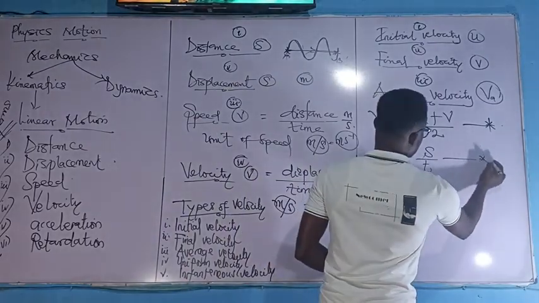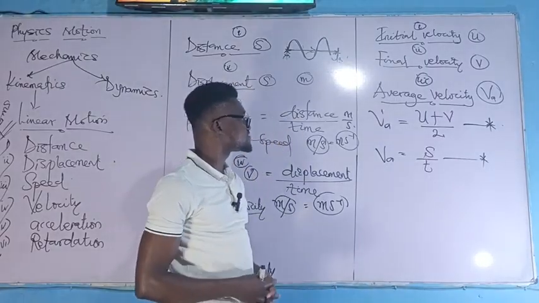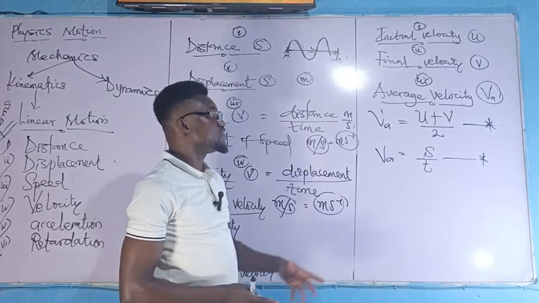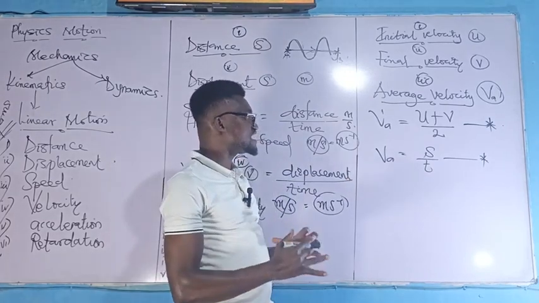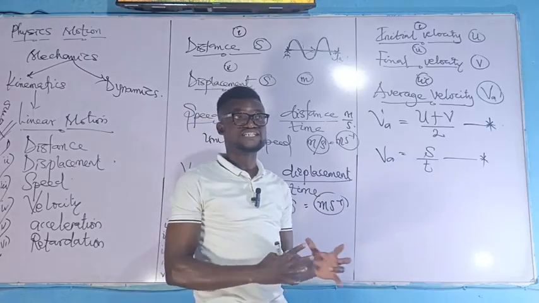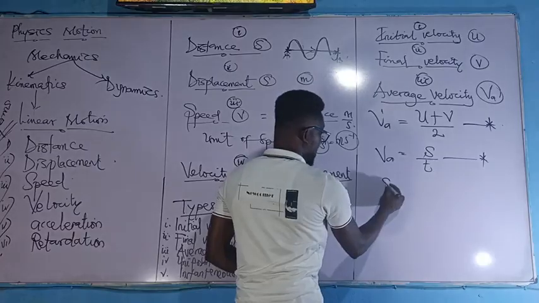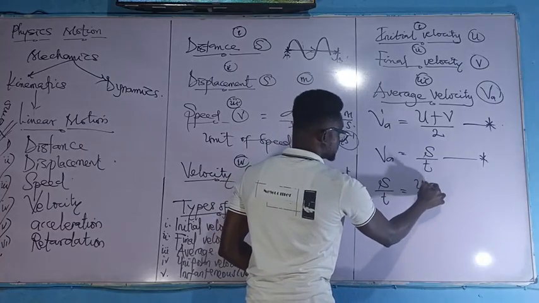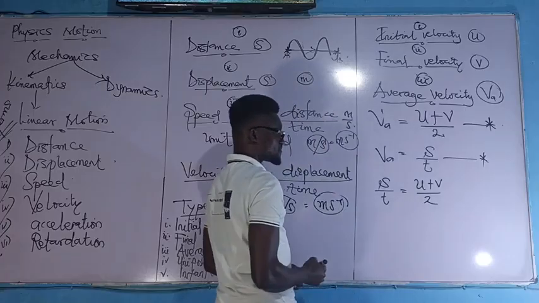That gives another formula for average velocity. Combining the two equations, you have total distance over total time equal to u plus v over 2.